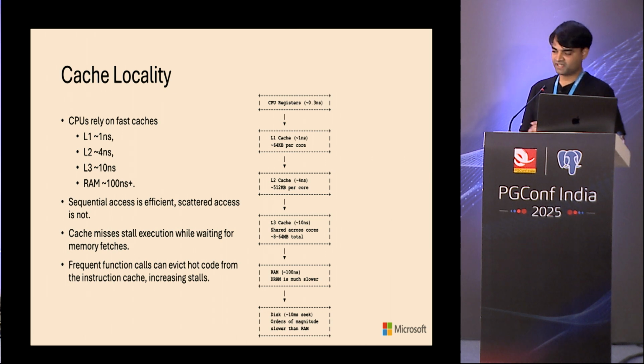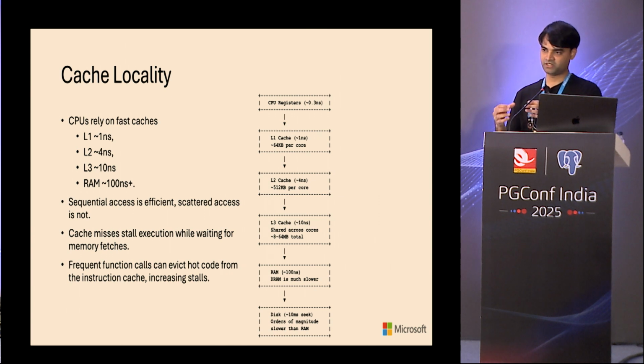So when executing a program, which is a sequence of assembly or machine code instructions, it will be accessing memory from time to time. And if your program is laid out in a way that makes the CPU get most of the data from one of its caches, then the performance is much faster.